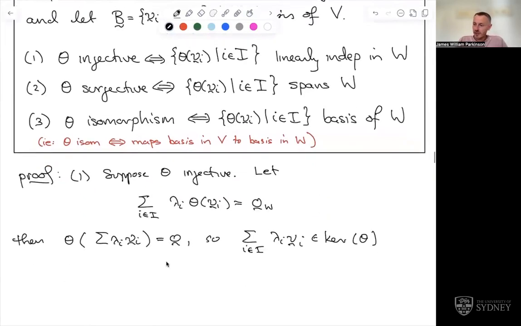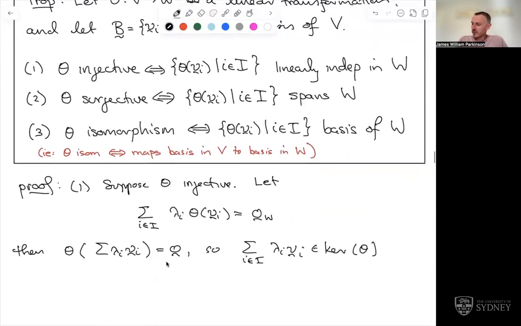of theta. But since we're assuming injective, well, since theta is injective, kernel of theta is 0 from what we proved earlier.